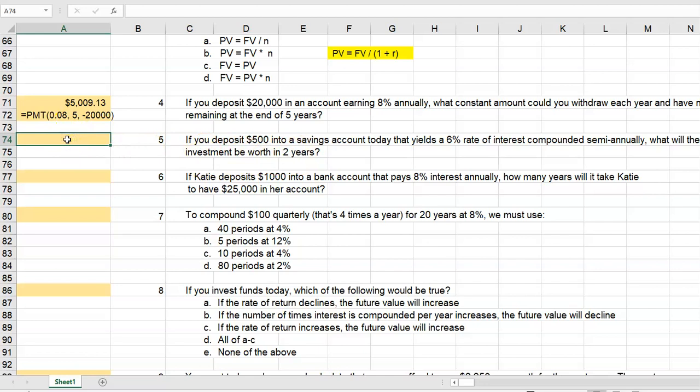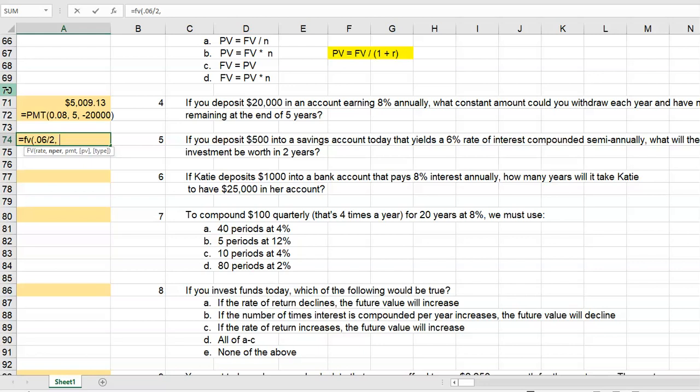Now I'm looking at a future value problem. Equals the future value, the rate. I'm going to think now in 6-month periods. So this is a 6% annual rate, so I'm going to use 0.06 divided by 2.